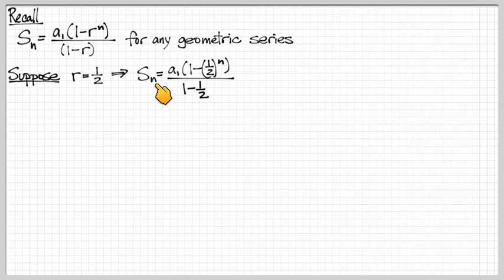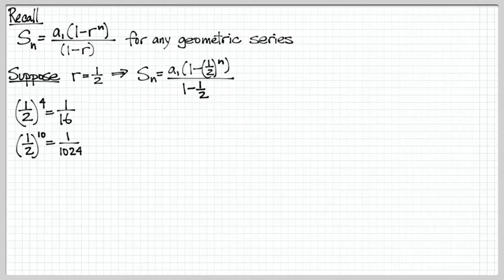Sn, the sum of n terms, is the first term times 1 minus r to the n, divided by 1 minus r. Now if I'm adding S4, the first 4 terms, then this term right in here is going to be 1/2 to the 4th power, and that's going to be evaluated to 1 over 16.